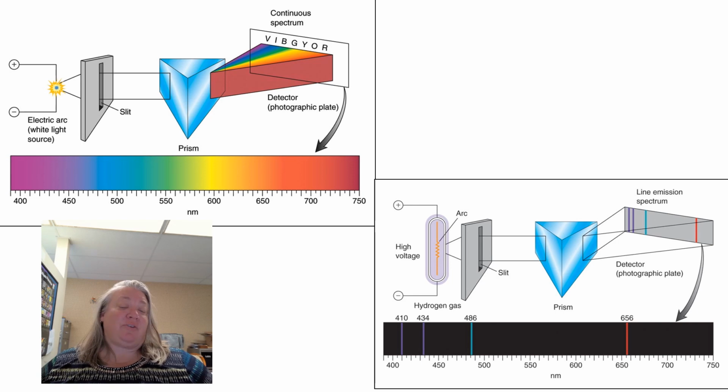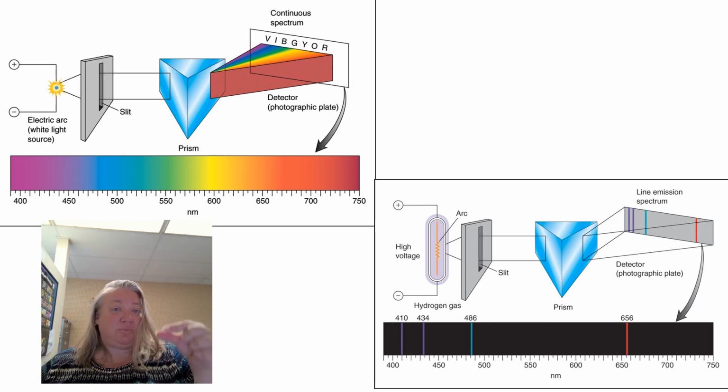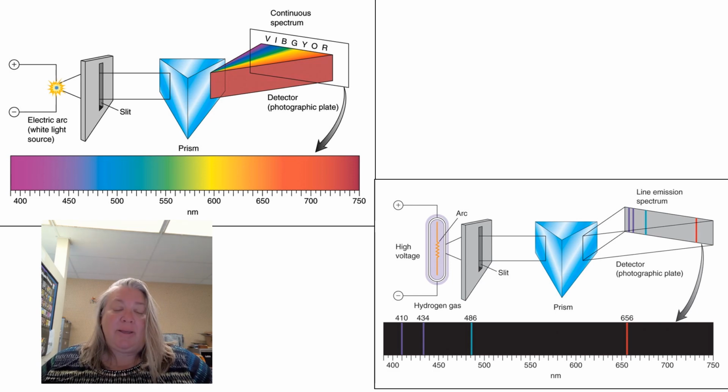As the electrons fall back down, it's going to produce light. We take that light, send it through a slit, because again, we just want a small amount, and send that through a prism. That's going to separate the different wavelengths. And lo and behold, we only got a couple of different lines. We get a couple purples, a teal, a red, but all the others are missing.